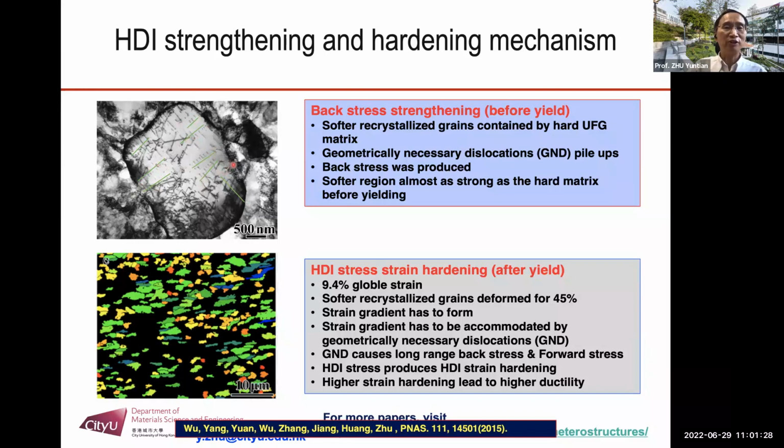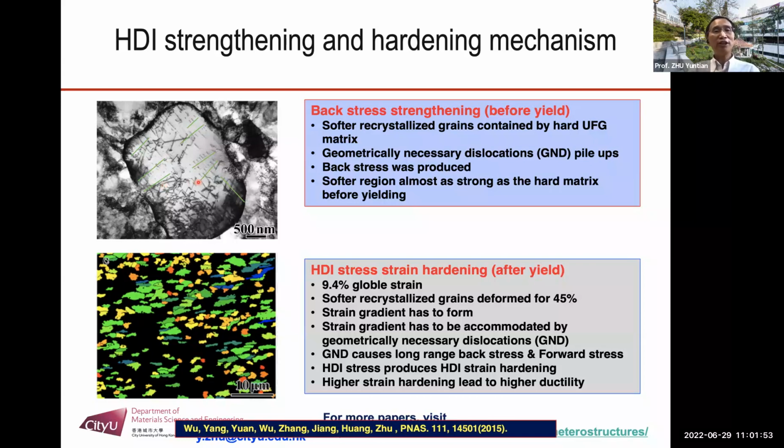We got many of them, in different directions, actually. Okay, this large grain with GNDs has a lower strength, like let's say 400 megapascal. We do not know, but let's assume it's 400 megapascal.